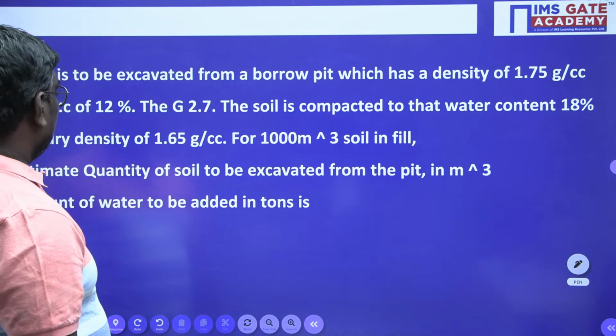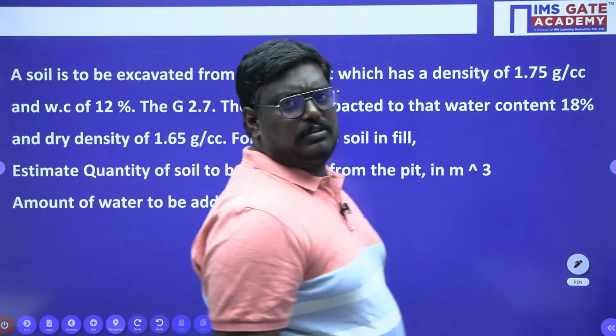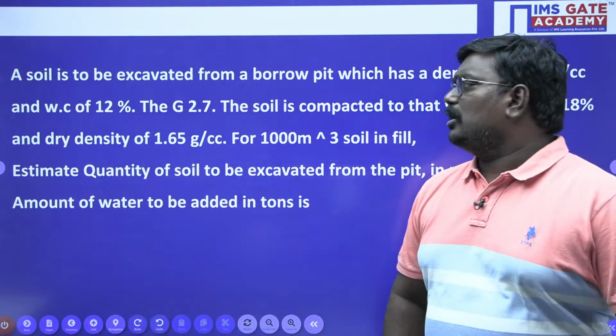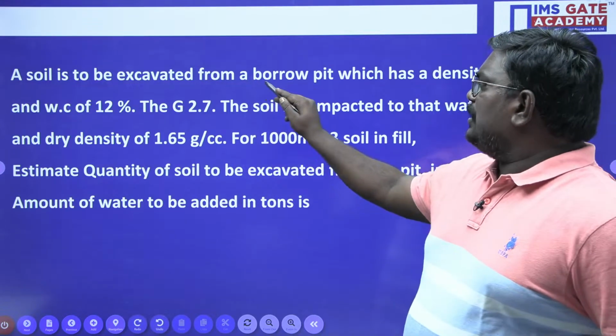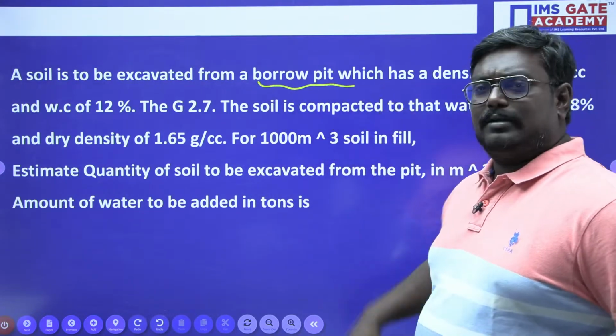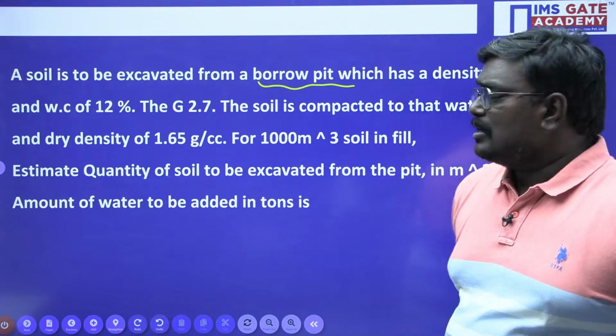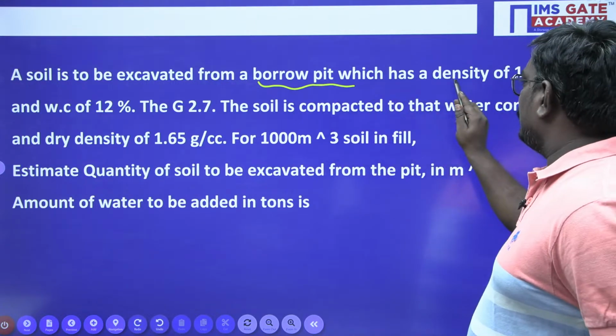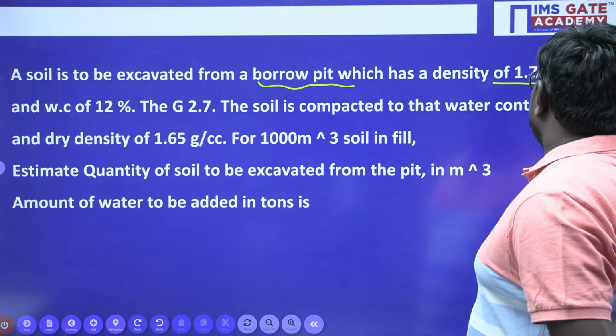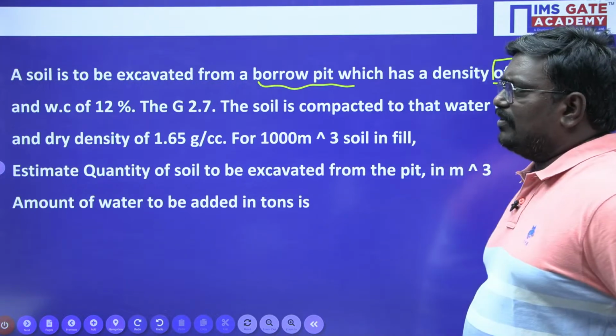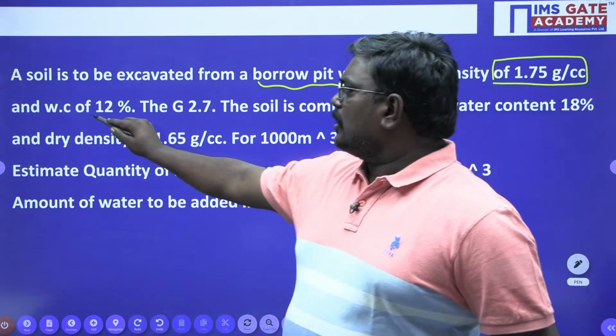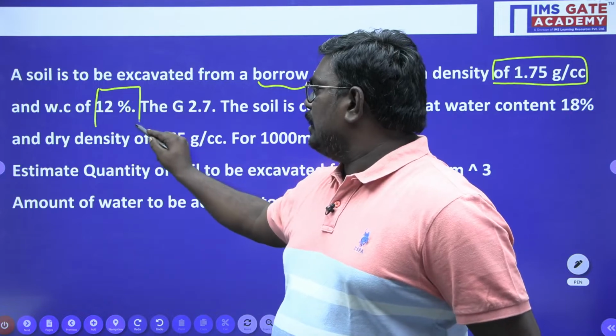So let us, students, I'll give you 30 seconds to read the question properly. A soil is to be excavated from a borrow pit. What is the question here they have given? A soil is to be excavated from a borrow pit which has a density of 1.75 gram per cc and a water content of 12 percent.